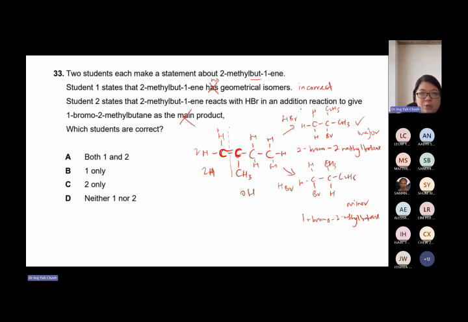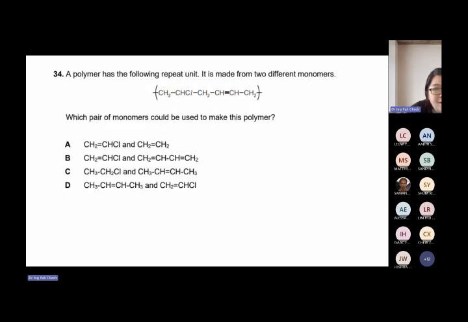So again, student 2 is not correct. So our answer, which students are correct? Neither 1 nor 2. The answer is D.